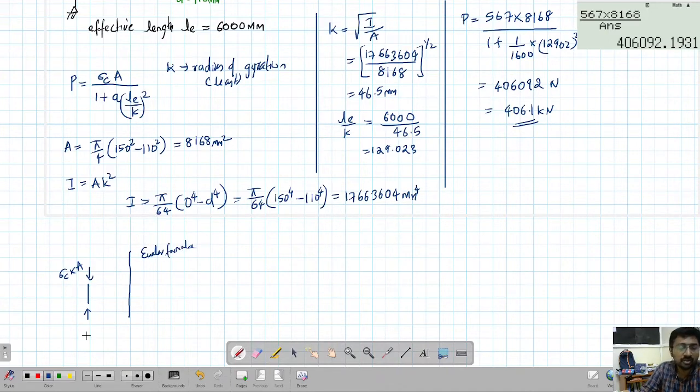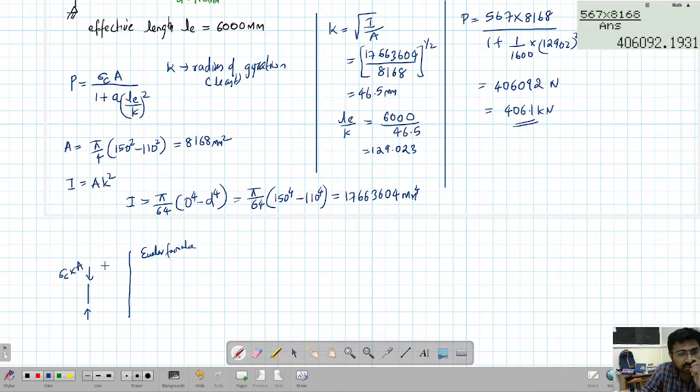Now, for short columns, if you use the Euler formula, whatever value of axial load capacity you get will come out to be more than sigma c into A, which practically doesn't make sense.